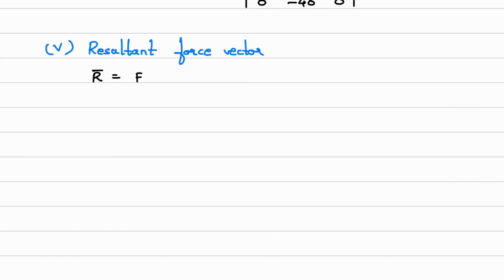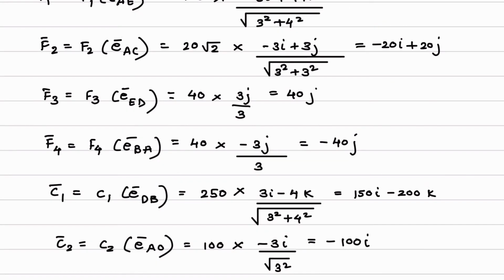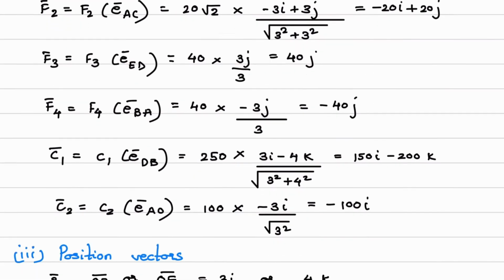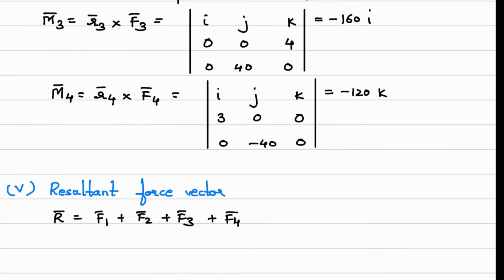So add all the force vectors, F1, F2, F3 and F4. We have already found the values of all the vectors, in terms of i, j, k. So we add all these values to get the resultant.